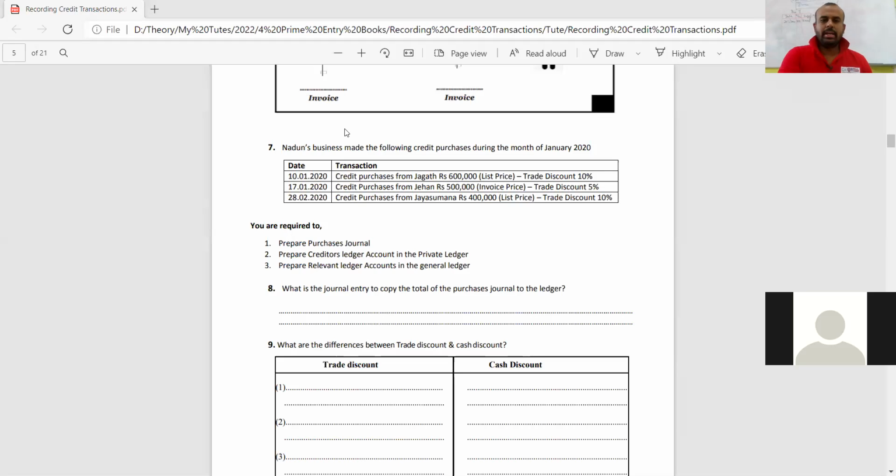But for the next purchases, they have directly given the invoice price. So what are you supposed to do? No need to subtract the trade discounts there. If the invoice price is given, it means the price given is after deducting the trade discount. But Jayasoma's credit purchases have been given at the list price.